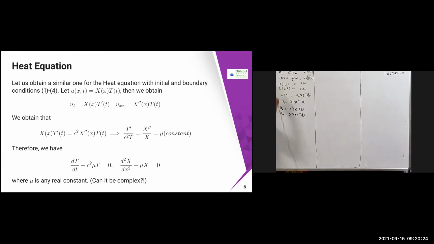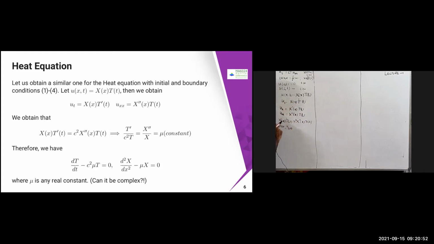Substitute it over here. Then you are going to get x of x into t dot of t equal to c square into x'' of x into t of t. Again, I am going to assume x is not equal to 0 and t is not equal to 0. If x and t are equal to 0, automatically this is going to be a trivial solution, and I'm not interested in the trivial solution.